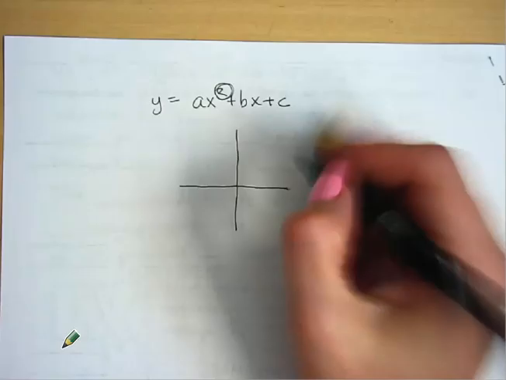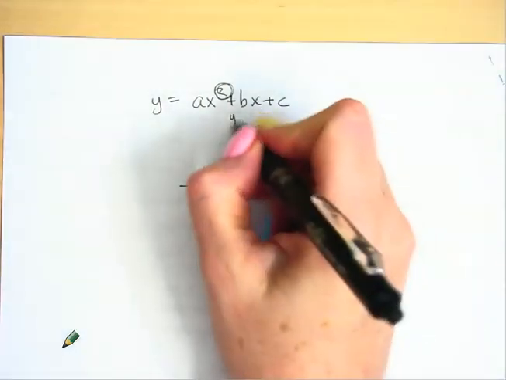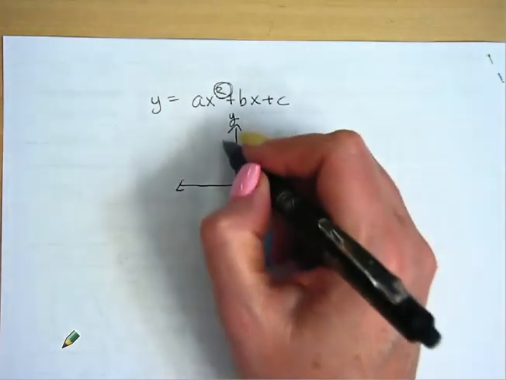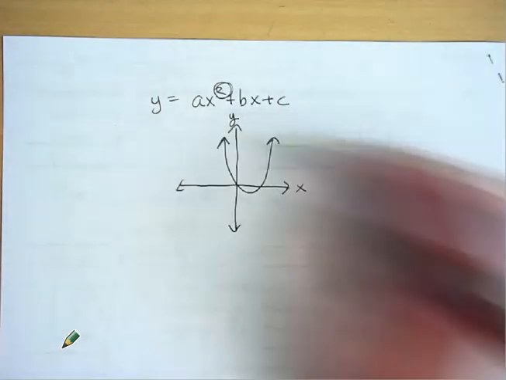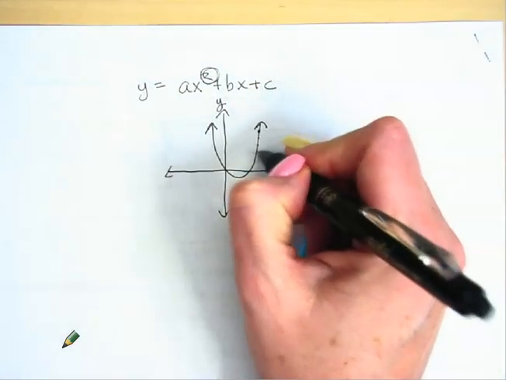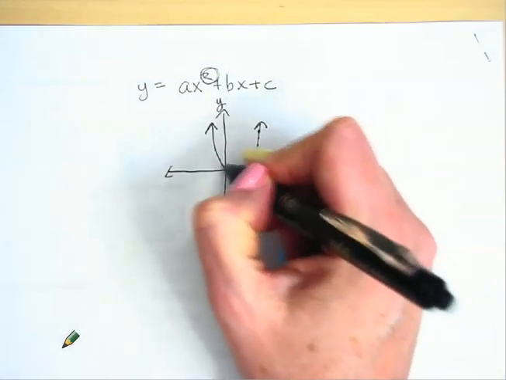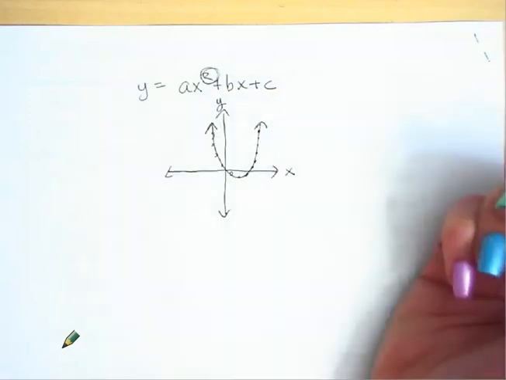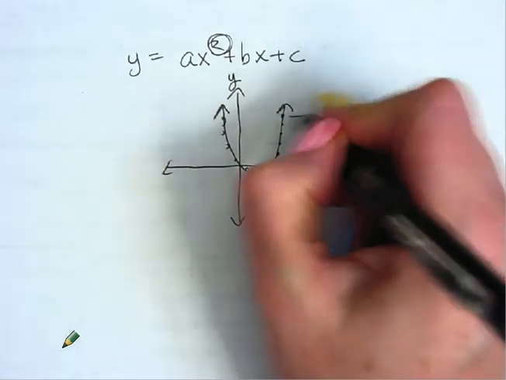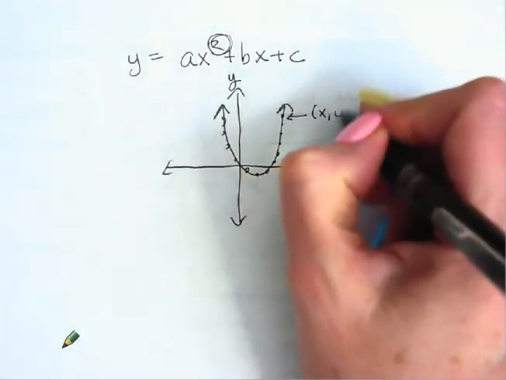And a graph of this on an xy plane looks like a parabola. And this parabola has infinitely many points on it, okay? And each of those points has an ordered pair.